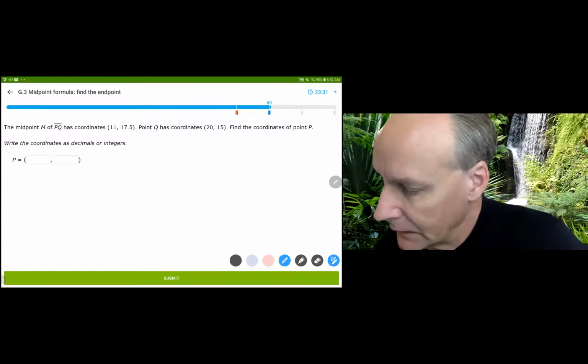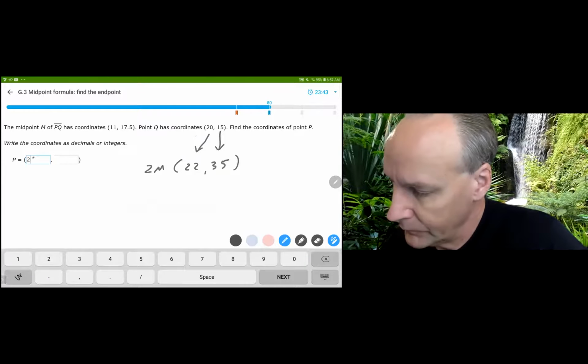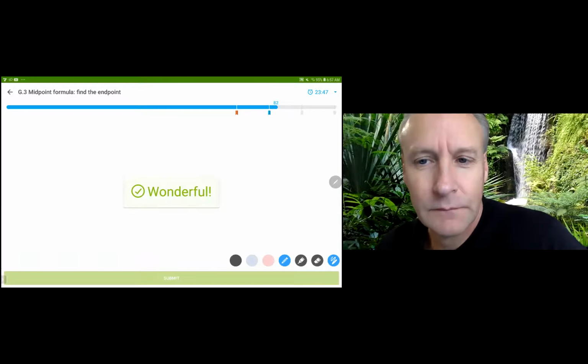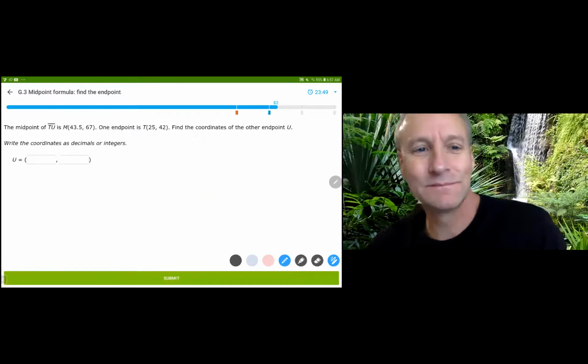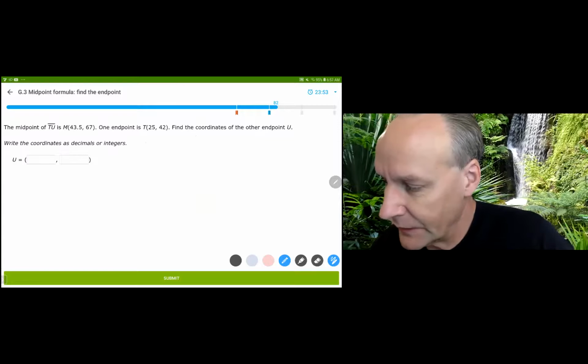All right, so double our midpoint is 22 and 35. And we need 2, 20. All right. Oh, this one's going to be a little more challenging. I'm going to write it right here.